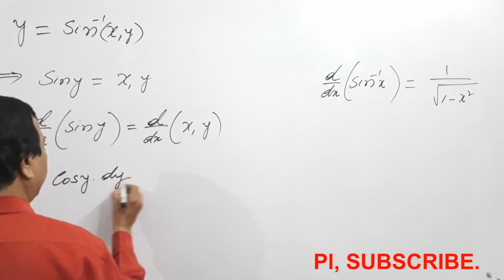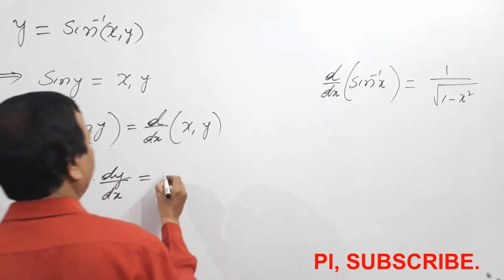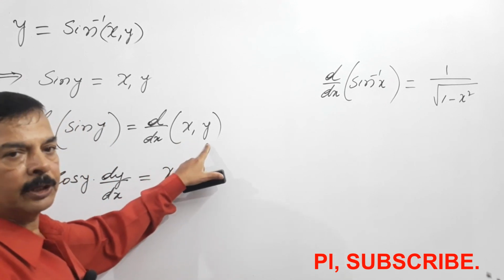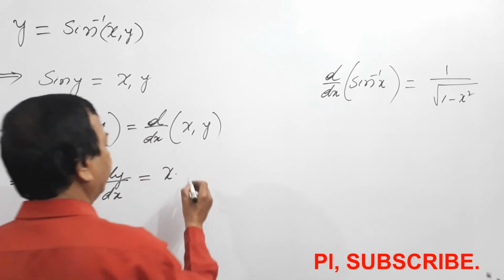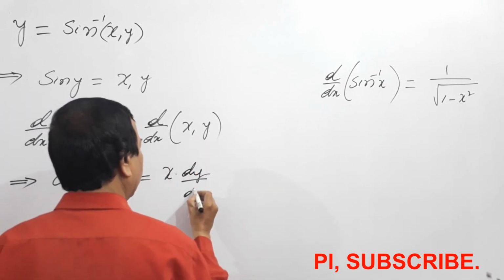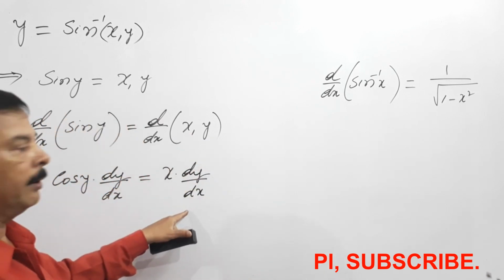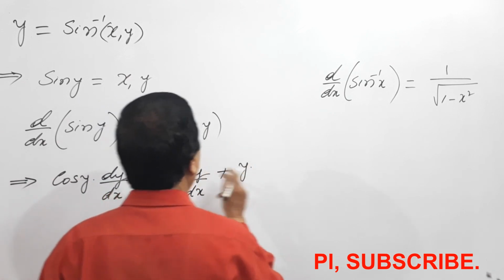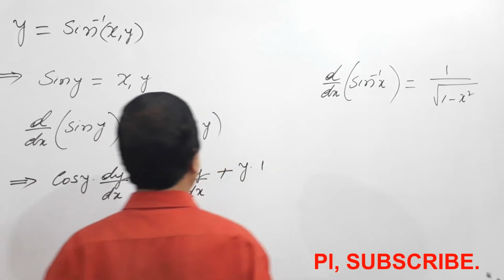So, for the right side, use the product rule. I keep x as it is and differentiate y, that is dy by dx, and then keep y as it is and differentiate x, that is into 1.